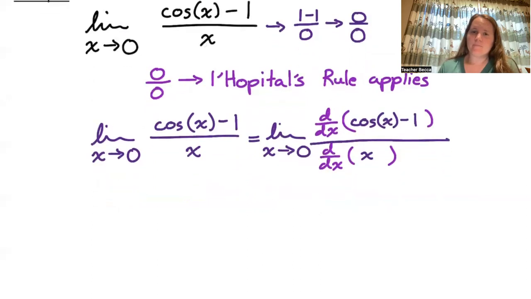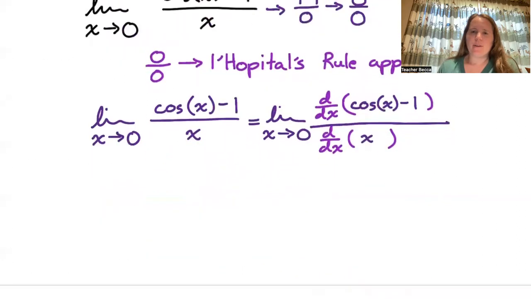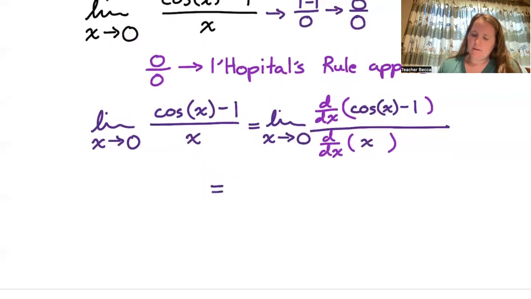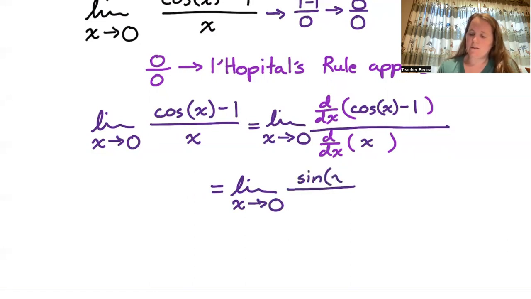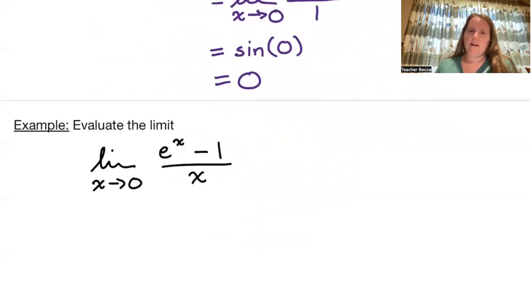From here, we take our derivative. The derivative of cosine x is negative sine of x, that minus 1 goes to 0, and the derivative of x is just 1. Evaluating this limit, we can plug in. We are just looking at negative sine of 0, otherwise known as 0. And the limit as x goes to 0 of cosine of x minus 1 over x is in fact equal to 0.